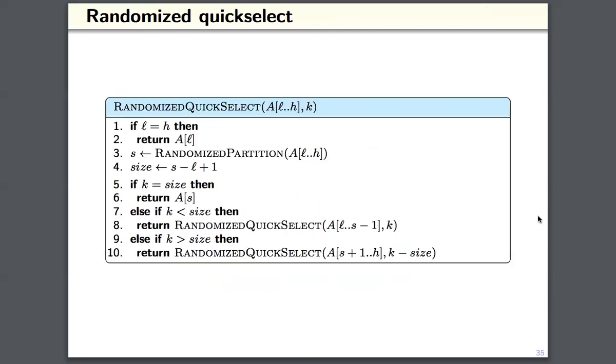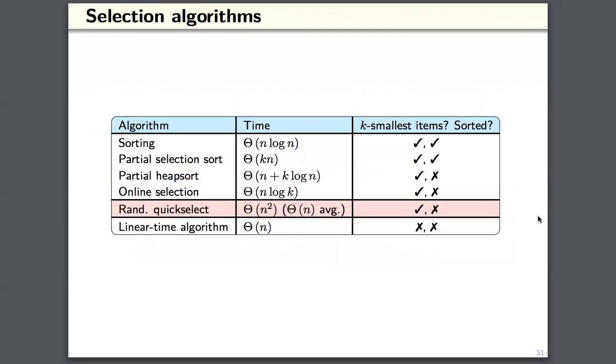Randomized quick select uses partition and uses recursive quick select like your binary search. But this is not binary search, because that point need not be at the middle point, the median. It can be anything. In the worst case, what's the runtime of this algorithm?